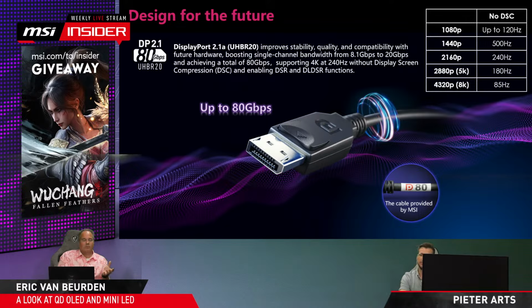Most people cannot see it, but if you want the uncompressed quality, then with this you can go 4K 240 or even 5K 180, and there will be 5K panels in the future. It's also looking at the future, even higher resolution, higher refresh rates, and things like color keep improving as well. Color accuracy, color depth.